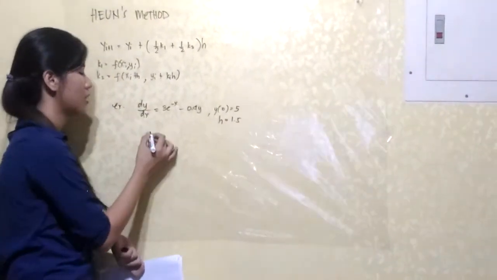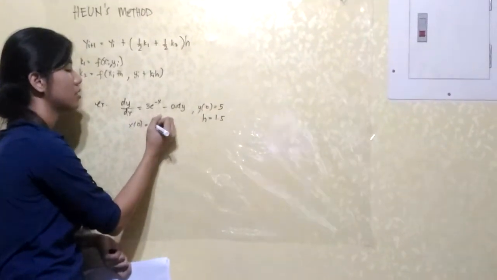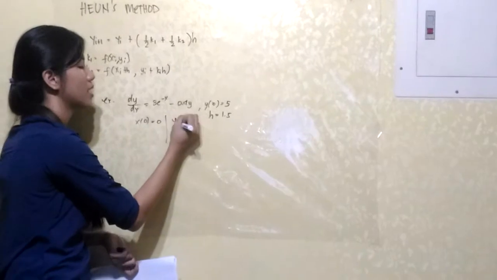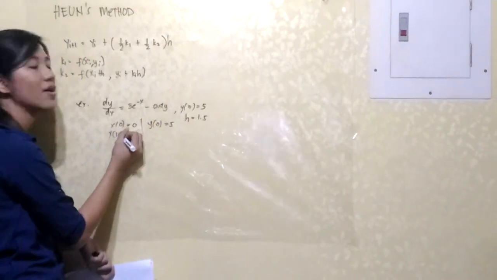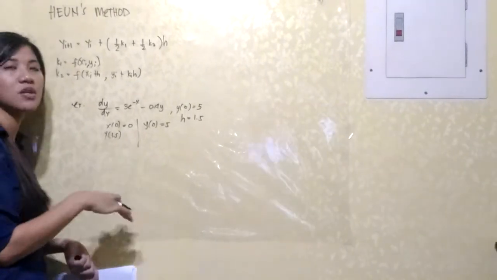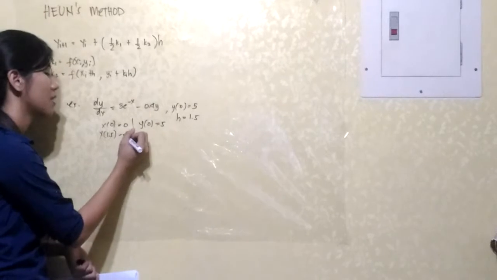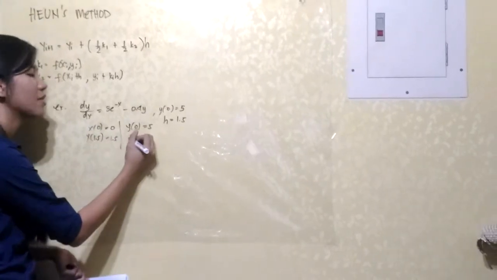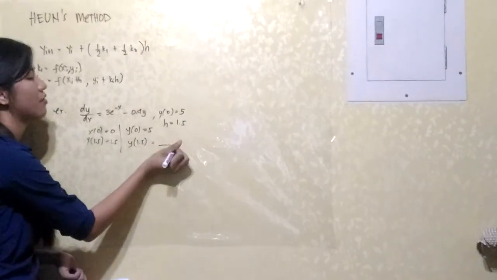If we plot it, x sub 0 equals 0, y sub 0 equals 5, and x increments by 1.5, from 0 to 1.5 to 3 and so forth. Now what we're trying to find here is the value of y at 1.5.